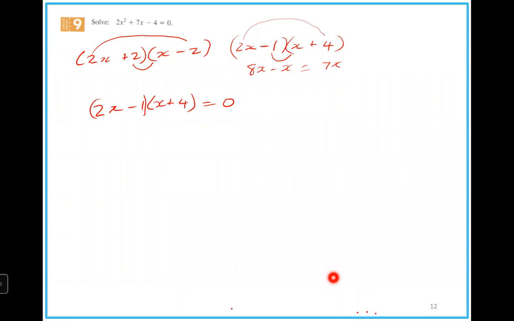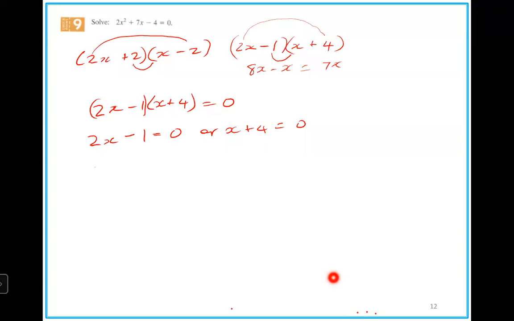So then we say 2x minus 1 equals 0, or x plus 4 equals 0.